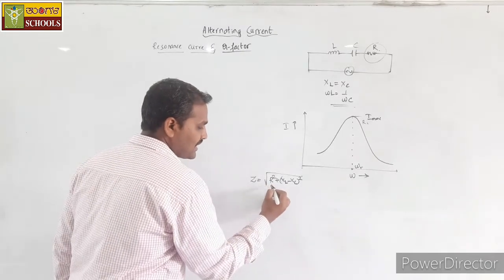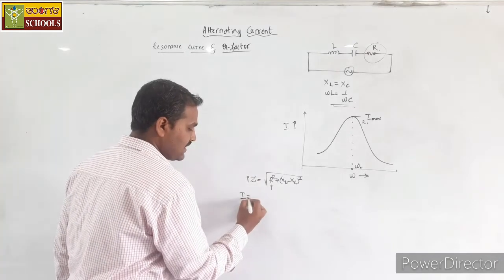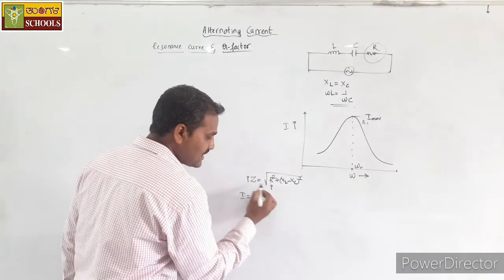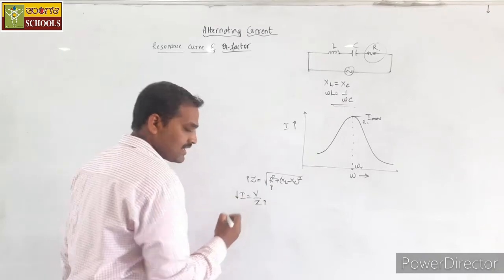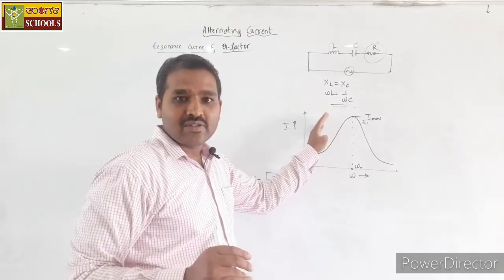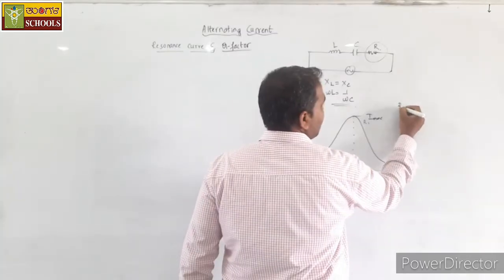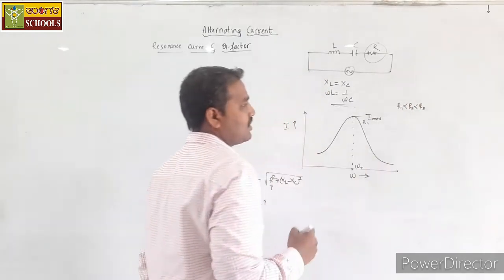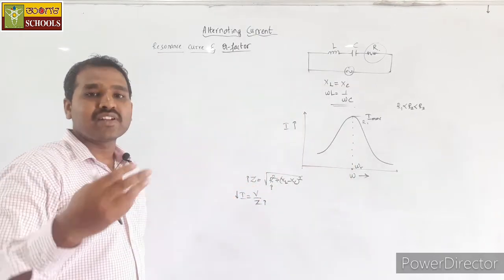As the value of R increases, Z also increases and current is given by V divided by Z. So as the resistance increases, the impedance also increases. As the impedance increases, the current has to reduce. Let us consider 3 different values of the resistances R1, R2 and R3 such that R1 is less than R2 which is less than R3.